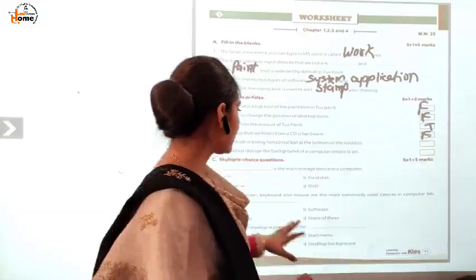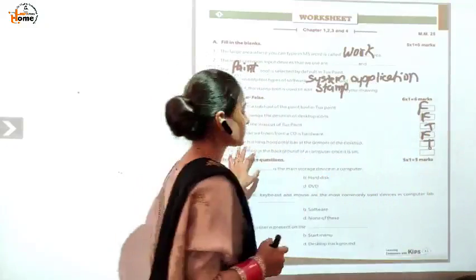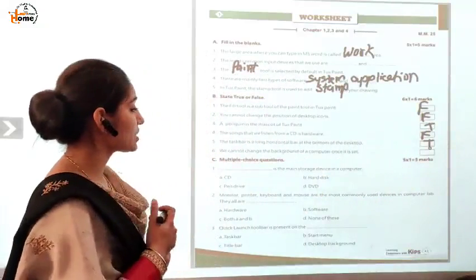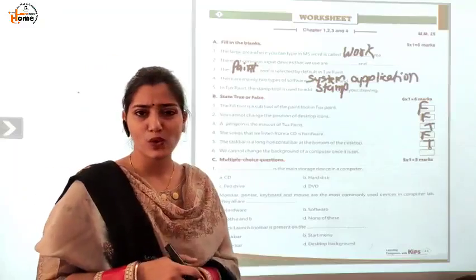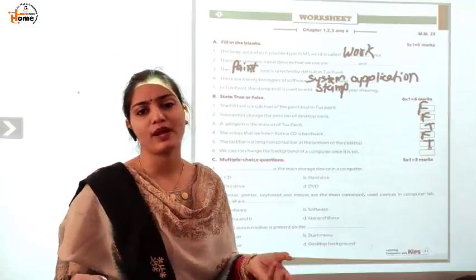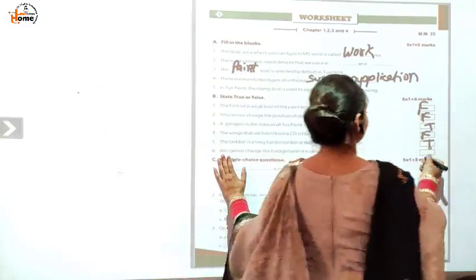So this is true. Next is we cannot change the background of a computer once it is saved. Is this so? You can change the background as many times as you want, right? So this is false.